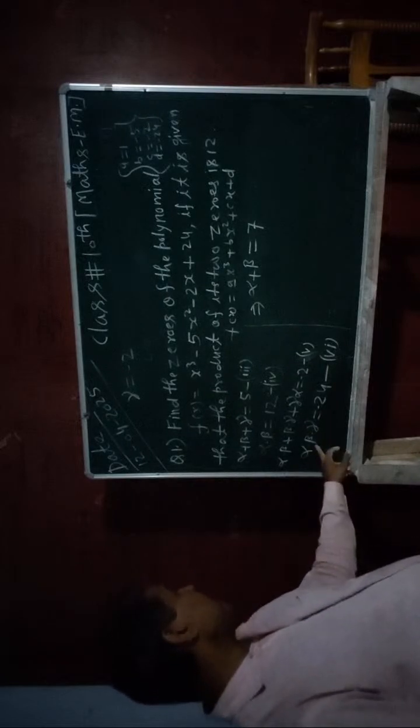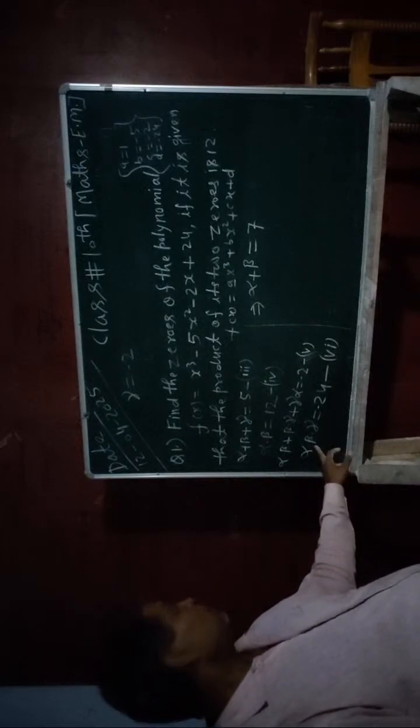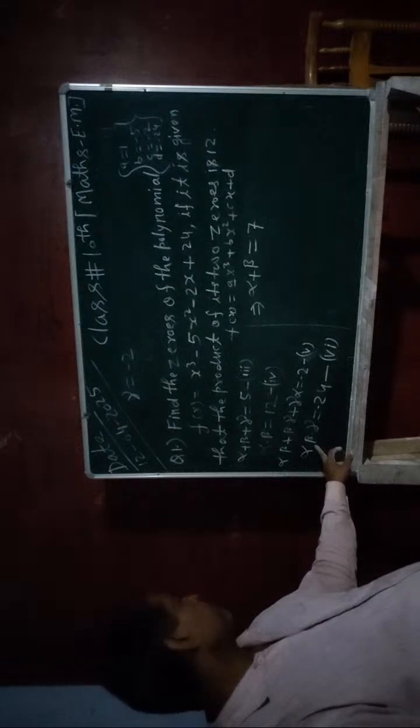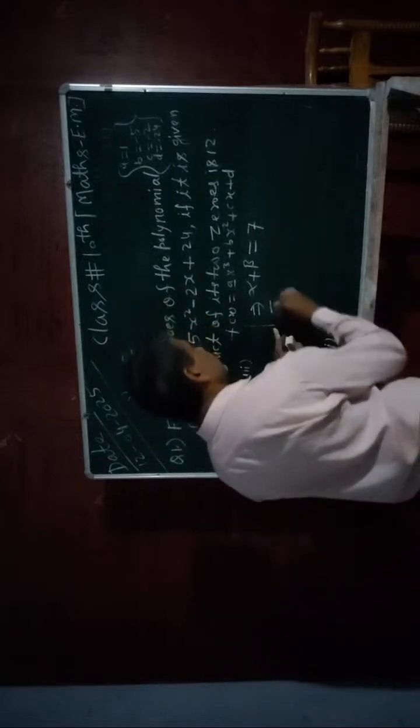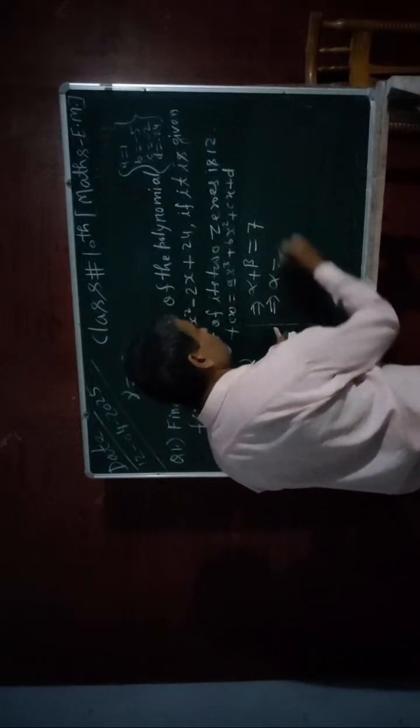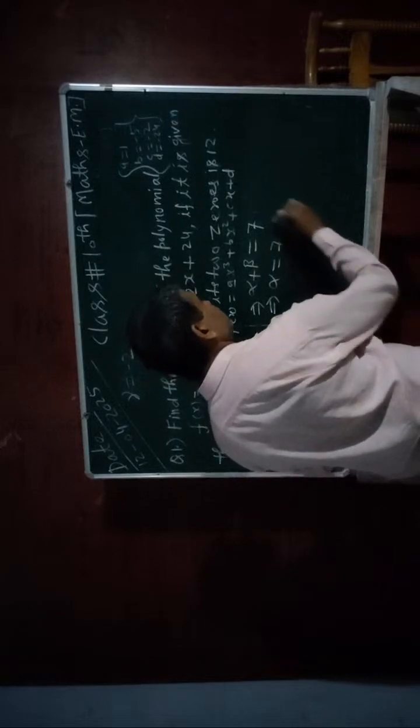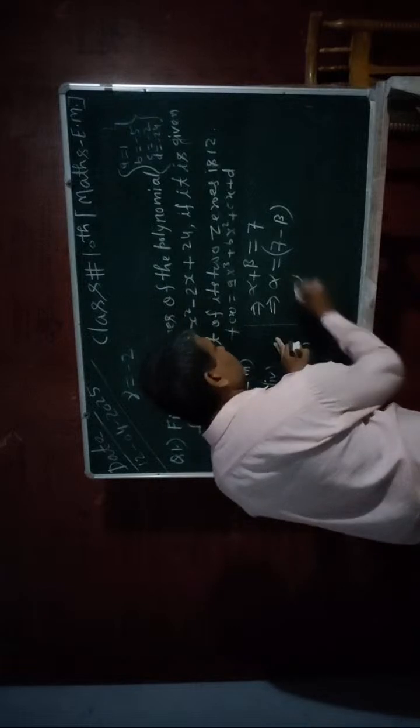Okay student, now from this equation I can write alpha is equal to 7 minus beta. Okay student, the value of gamma is given.